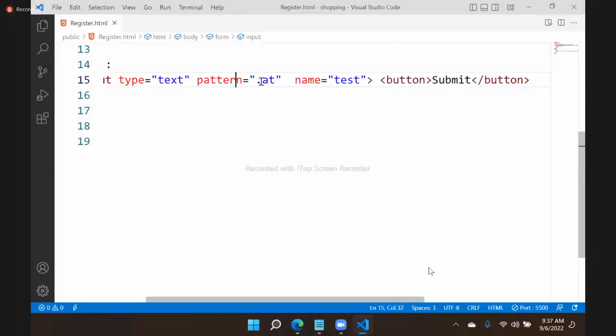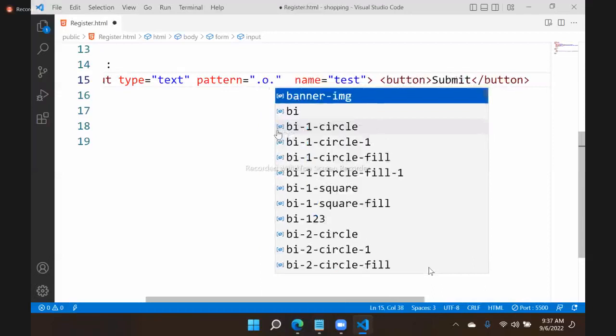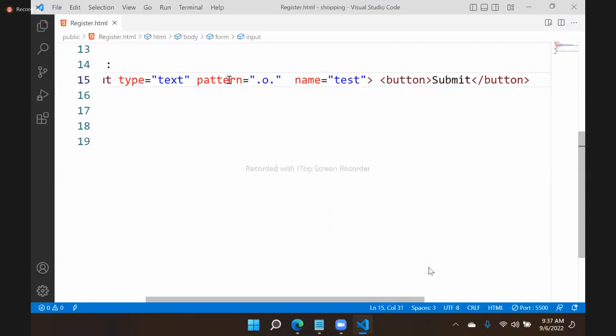Then you can define like this: dot O dot. This indicates first character can be anything, last character can be anything, and in the middle there must be O. And very important, it must be 3 characters only.